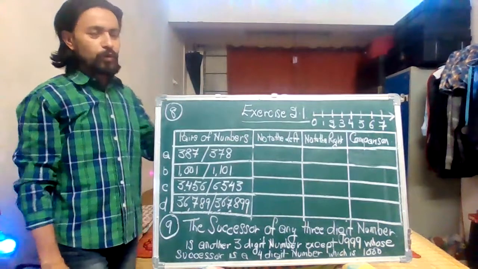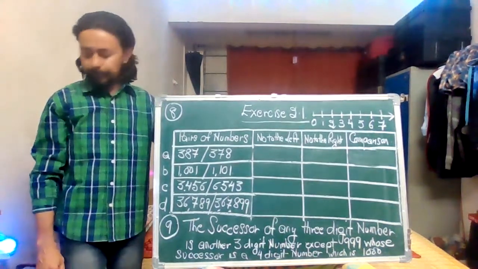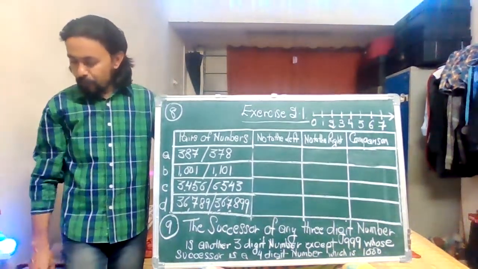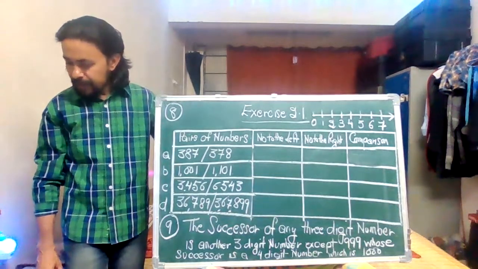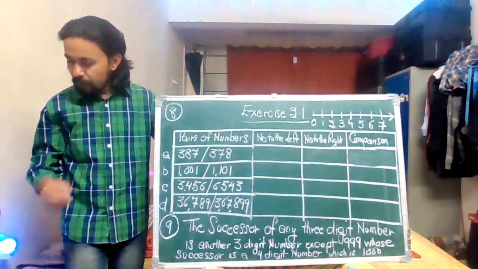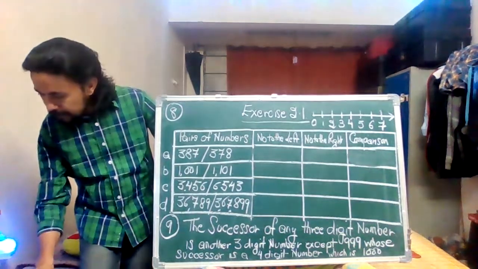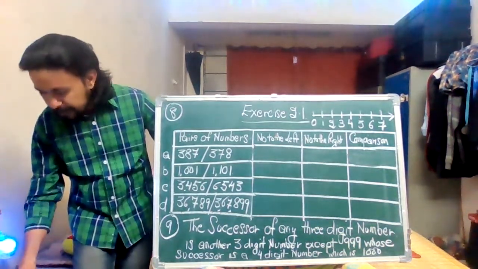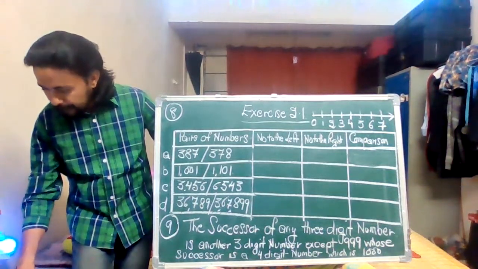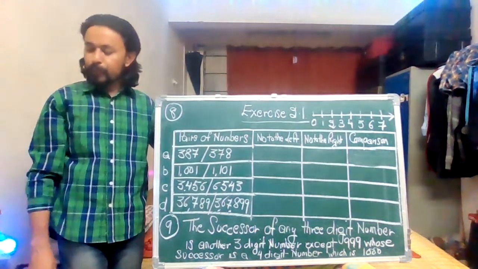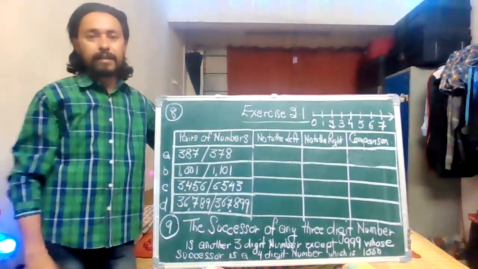Now, what they have told you in this particular sum is: in each of the following pairs of numbers, state which of the numbers is on the left of the other number on the number line. Also compare them using the appropriate less than and greater than sign.